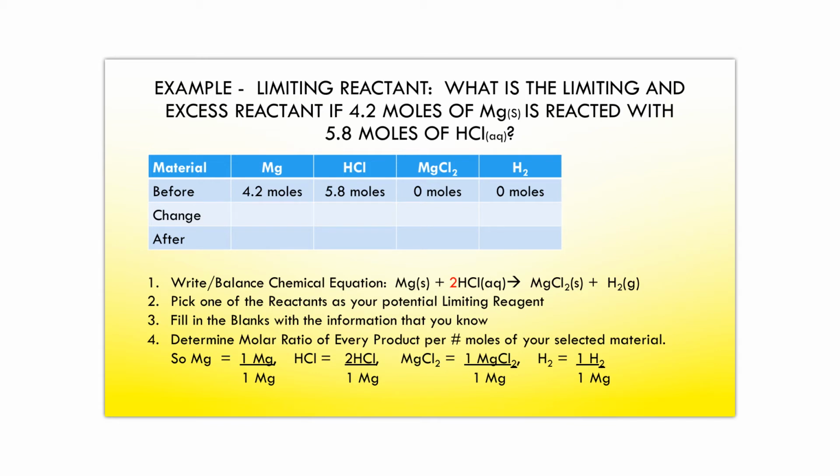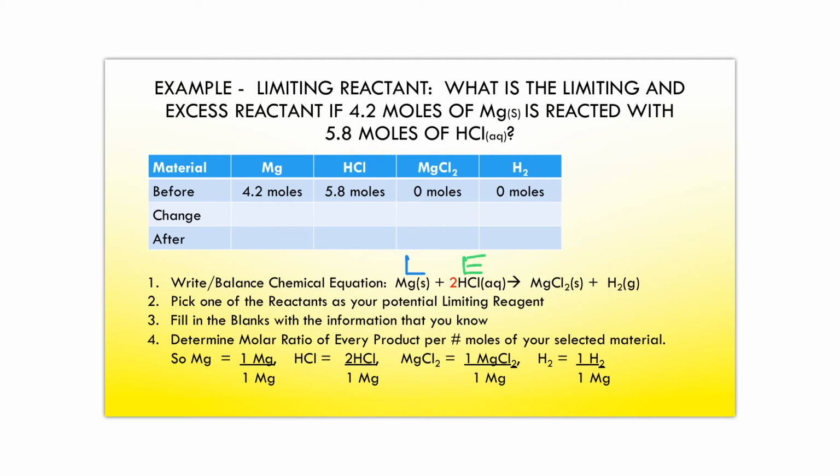It doesn't matter, because at the end of the day, the math will tell you if your prediction is right. The math will also tell you which one is the limiting reagent and which one is the excess reagent. So there's no wrong way to do this. There's no wrong pick. That's what I'm trying to say. So I'm going to pick this one, magnesium. I'm going to say that's my limiting, and then this is my excess.